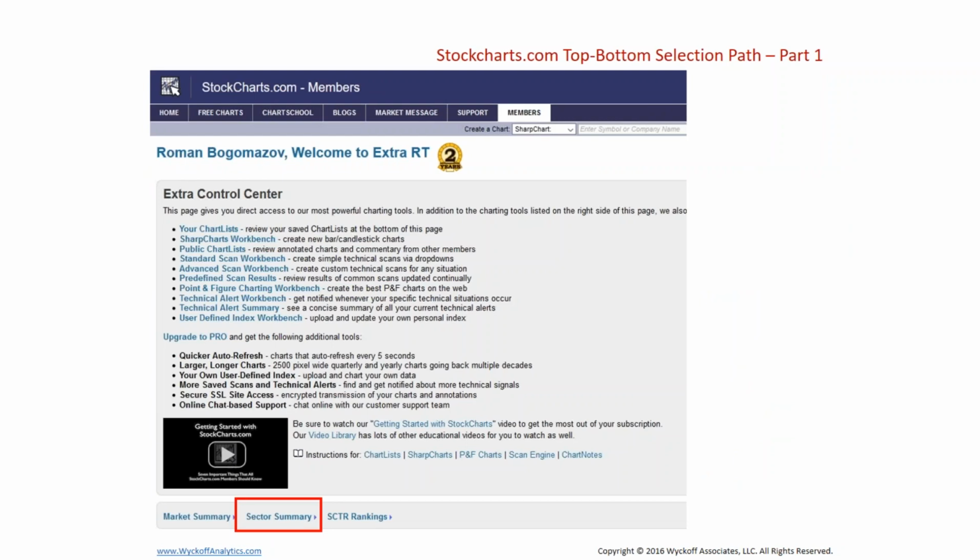So again, if you're a member, and I believe this could also be available for a free subscription as well, but because I'm a member, I'm not sure whether that exists for free or not.